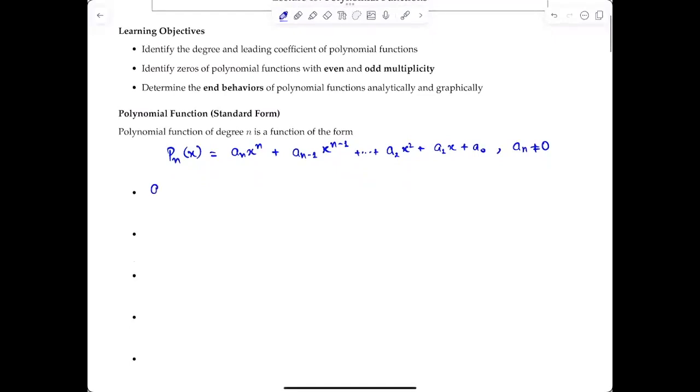So the numbers a sub n minus 1, and so on and so forth, a2, a1, a0 are called constant coefficients. These are the coefficients, the numbers that stay in front of the x.